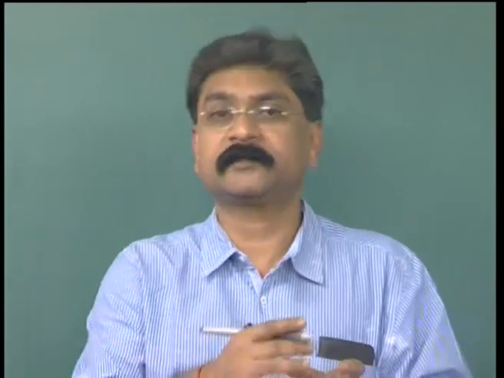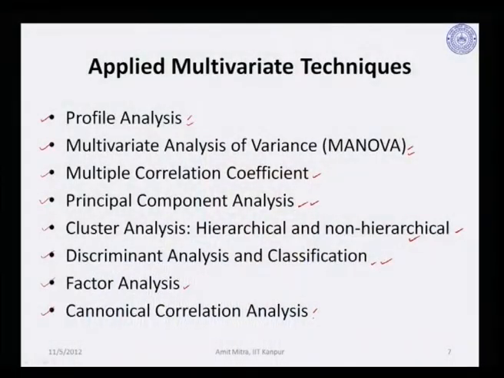Suppose we have C populations, we will look at how to use that discriminant function to say that a particular feature vector belongs to a particular class, and hence prediction of class membership would be of primary importance in discriminant analysis and classification. We will also look at factor analysis and canonical correlation analysis, which are quite important multivariate statistical techniques.